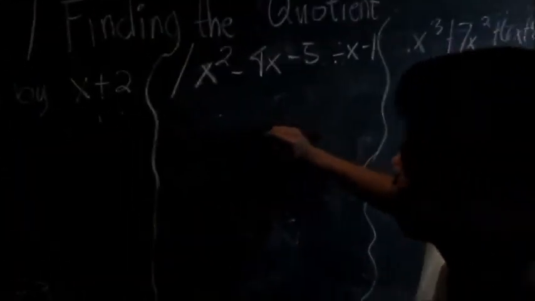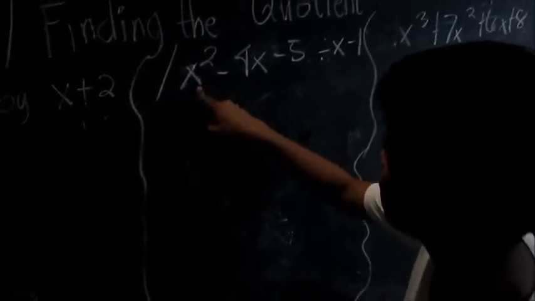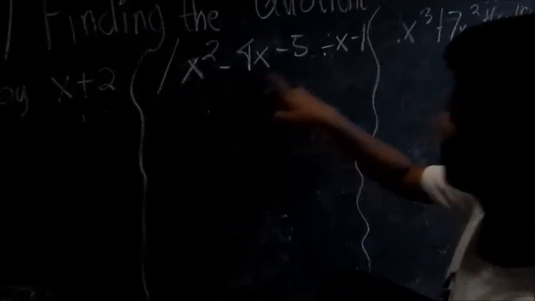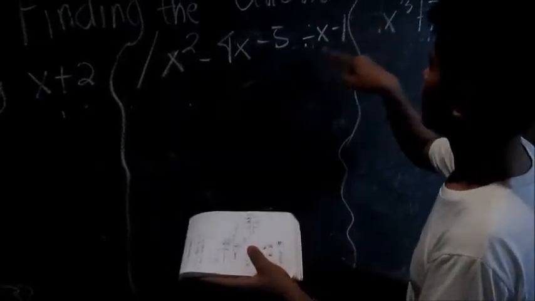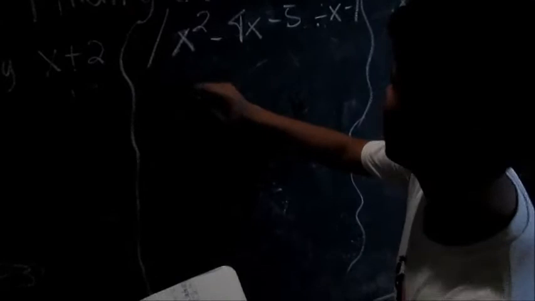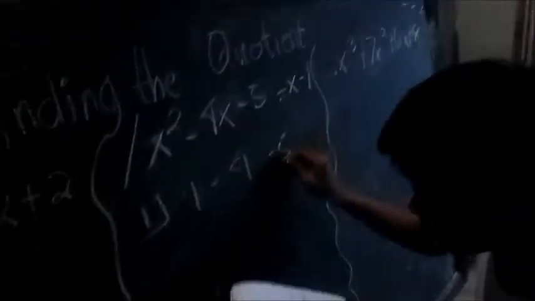So, another example of remainder theorem. We have the equation x squared minus 4x minus 5 divided by x minus 1. We are going to use the synthetic method with positive 1, then 1, negative 4, and negative 5.